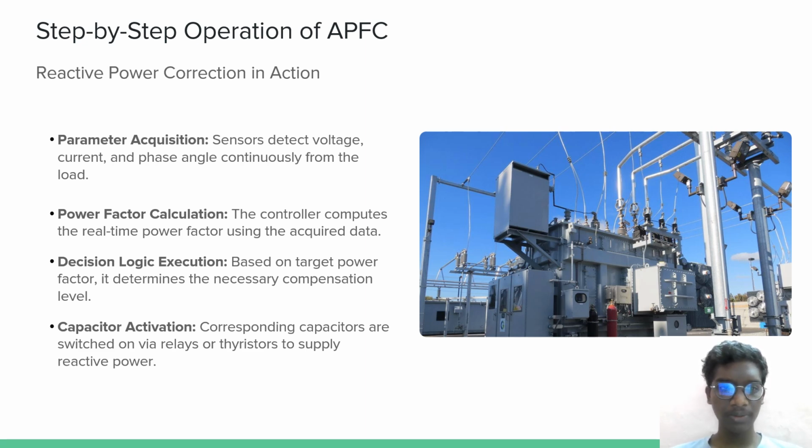The controller computes the real-time power factor using the accurate data. Decision logic execution. Based on target power factor, it determines the necessary compensation level. Capacitor activation. Corresponding capacitors are switched on via relays or thyristors to supply reactive power.